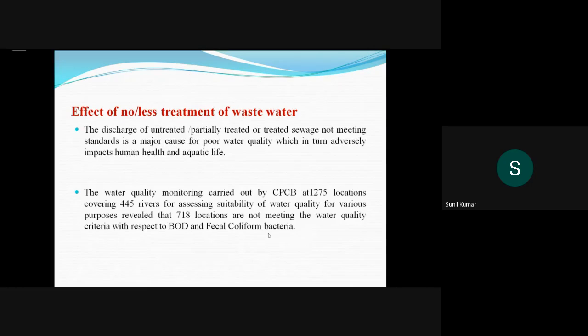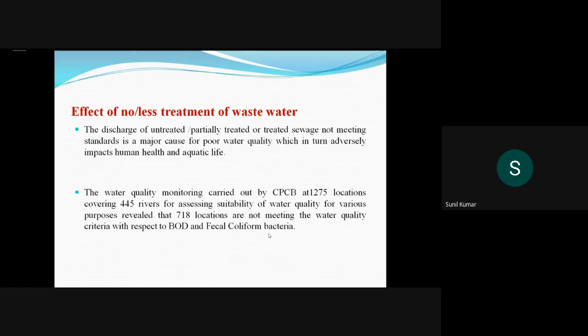They have assessed two things: if the water is not treated and discharged, and if the water is partially treated and discharged, what are the effects? Both lead to poor water quality of the surface water, lake, or whatever it is. So CPCB also conducted a detailed survey at 120,275 locations covering 455 rivers for assessing the suitability of the water quality.